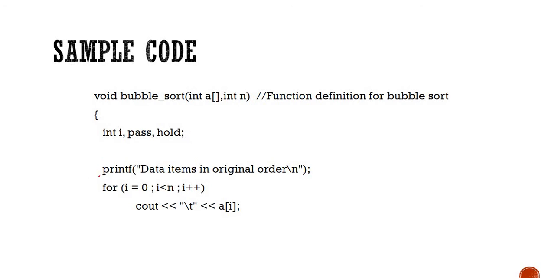This for loop is for the program used to print the data in the original order. So meaning that this is the original list.